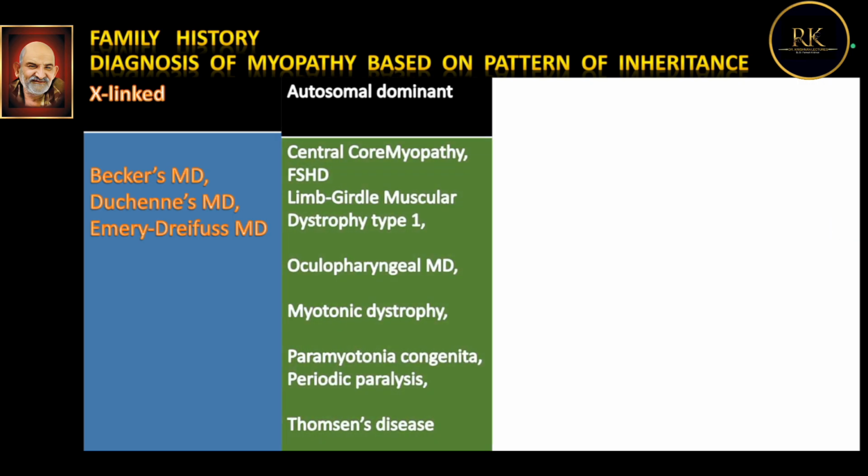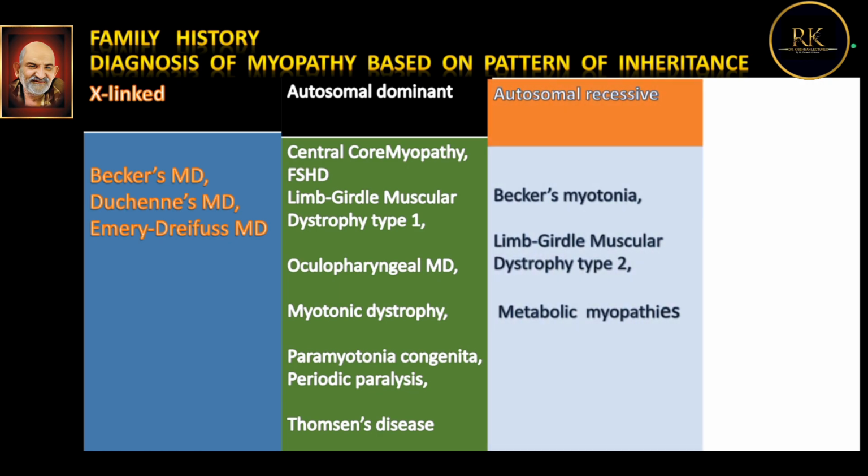Autosomal dominant disorders include central core myopathies, facioscapulohumeral dystrophy, limb girdle muscular dystrophy type 1, oculopharyngeal muscular dystrophy, myotonic dystrophy, paramyotonia congenita, periodic paralysis, and Thomsen's disease.